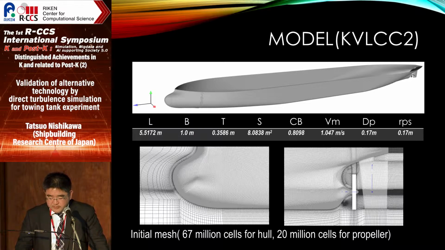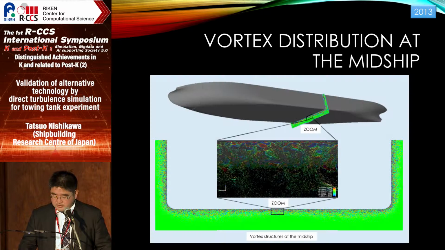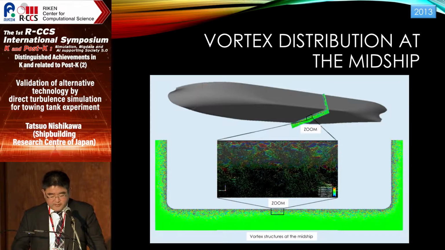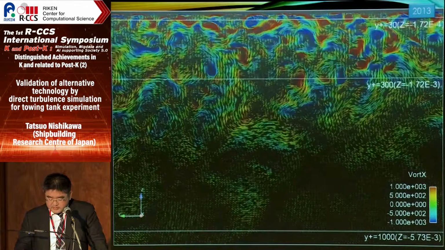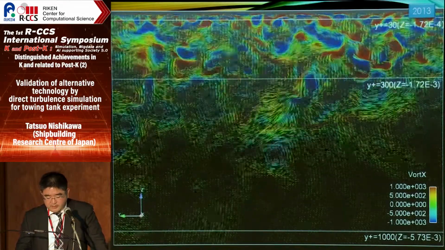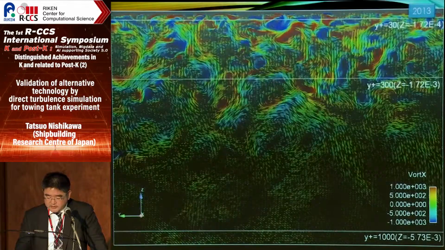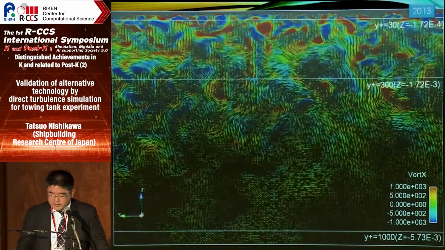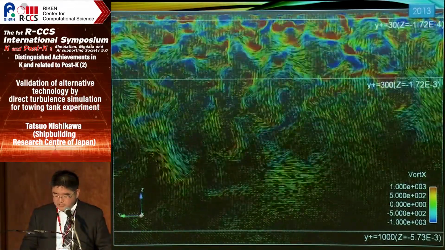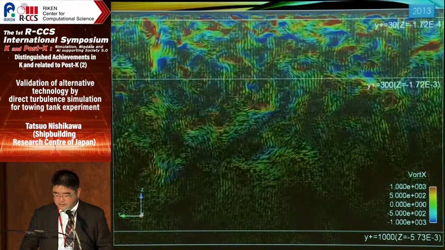The maximum number of grid cells became 32 billion by the refinement. The first computational result shown here is a vortex structure at midship. And this is a zoom-up movie of the velocity vectors. This result was the world's first computation with whole-ship LES around the ship.